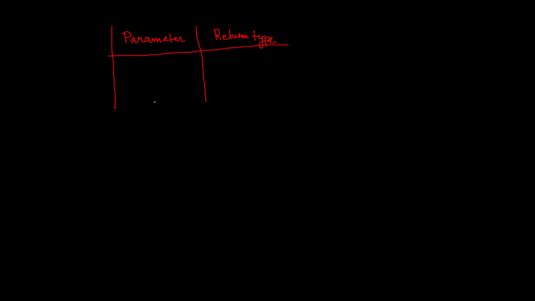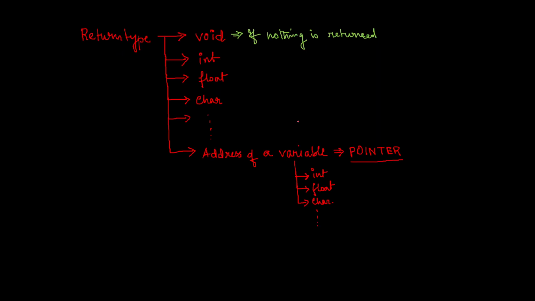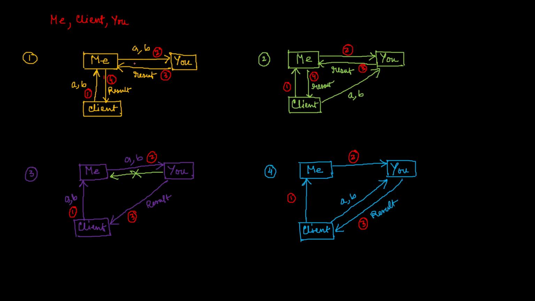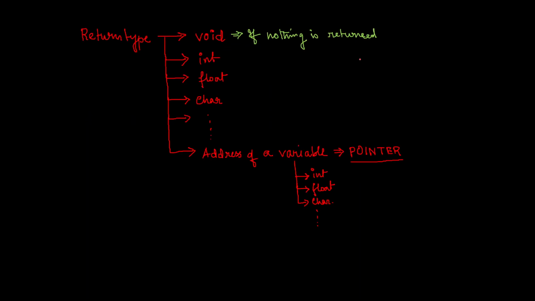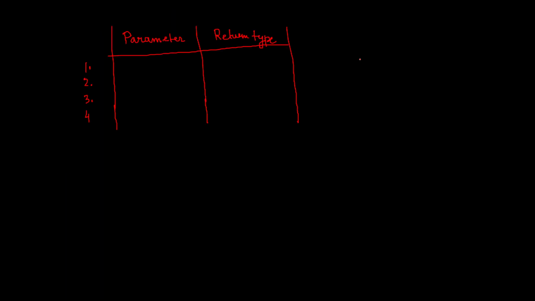So basically we have seen four cases. In case number 1, the parameter exists and the return type exists. In case number 2, the parameter doesn't exist but the return type exists.